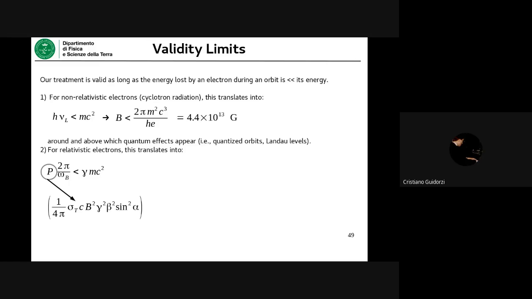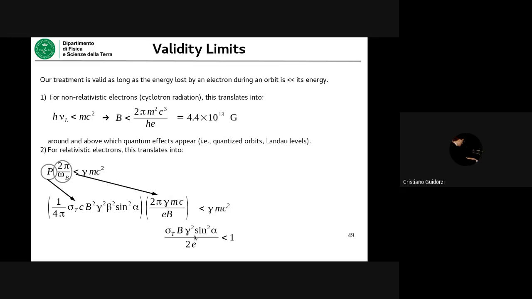Just using one of the earliest formulas we've come up with today, the total power, and the definition of the gyration frequency, which is the cyclotron frequency over gamma, has to be smaller than this. If you calculate here, there's B squared over B, so you're left with B, and then there is gamma cubed, and it's straightforward to see this is equivalent to this condition.